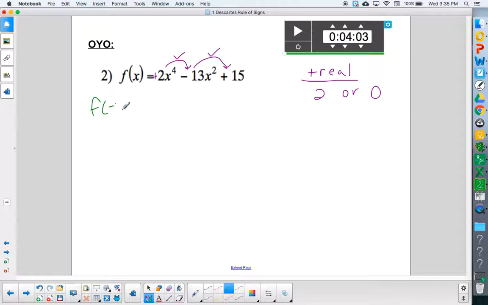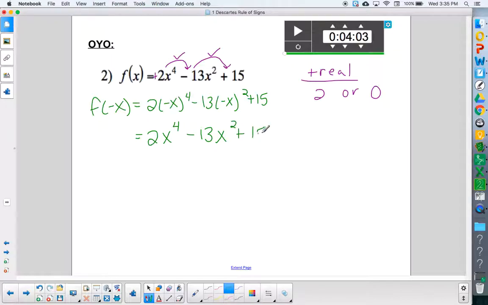Now if I look at f of negative x, by plugging in my negative x, I'm going to get 2 times negative x to the 4th minus 13 times negative x squared plus 15. So if I apply a positive exponent to a negative, it becomes positive. So this is going to stay 2x to the 4th minus 13x squared plus 15 because I have all even exponents. So since the equation didn't change at all, that means my negative real solutions are also 2 or 0.